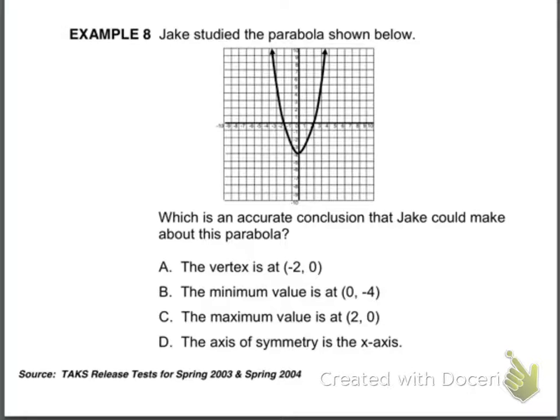So let's just list some things we can tell about this vertex. The vertex is a minimum for this parabola because it opens up.